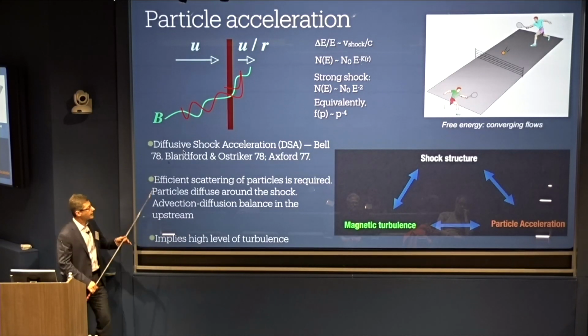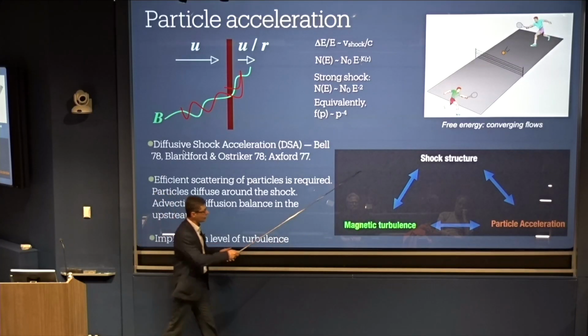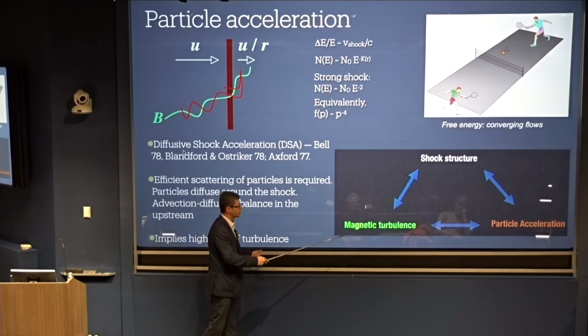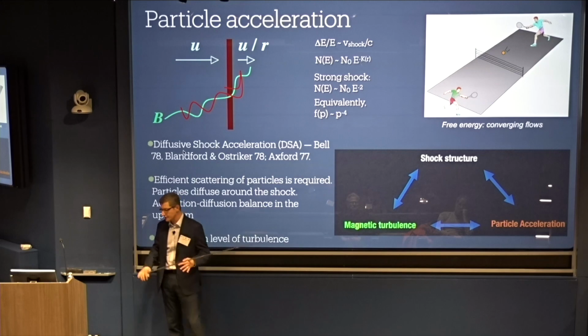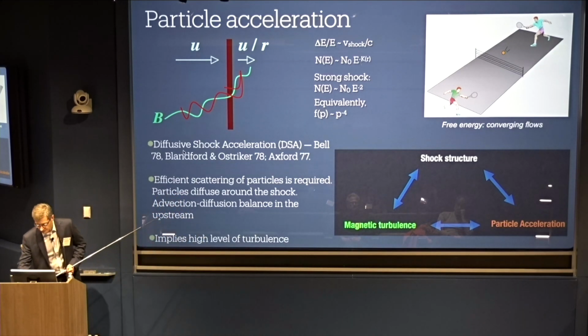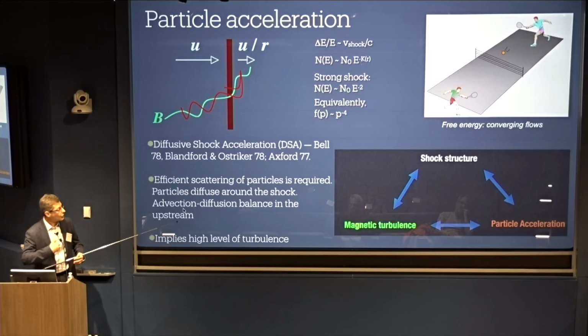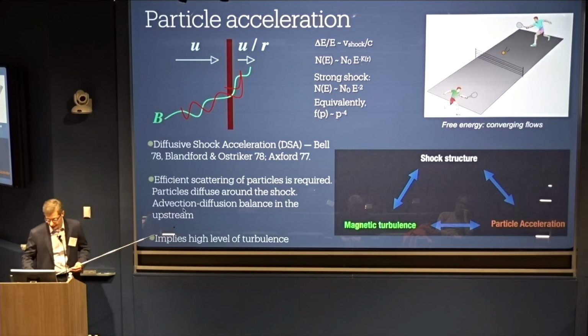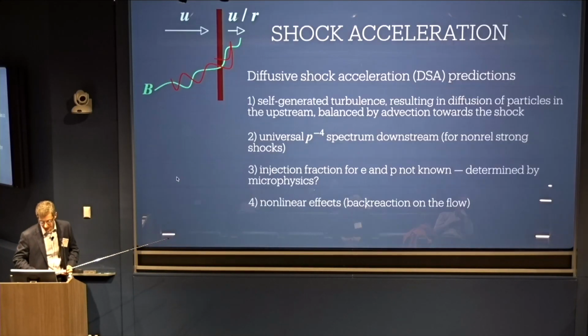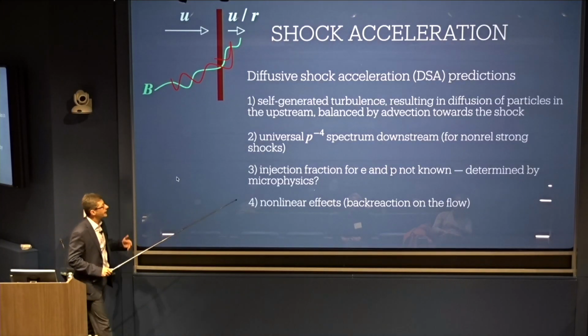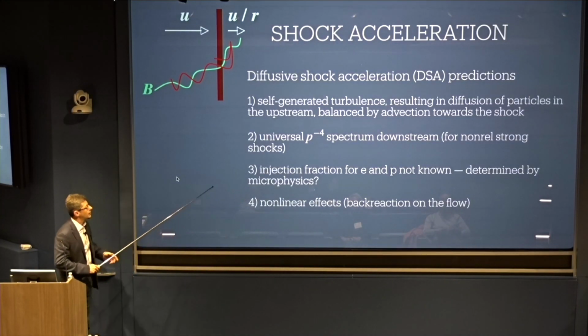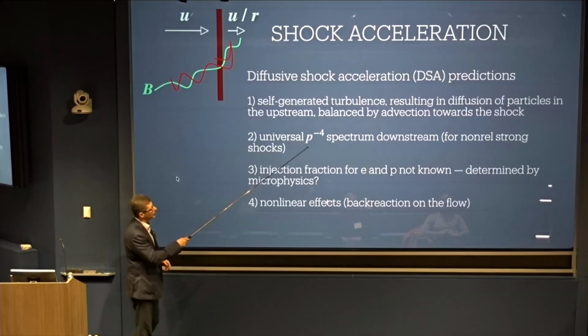But in order to find this, you need to solve this whole triangle of shock structure, magnetic turbulence, and particle acceleration, because they're all affecting each other. So the particles that are created at the shock can go in front of it and drive turbulence, which will affect the shock. So the prediction of DSA, diffusive shock acceleration, is that this self-generated turbulence exists.